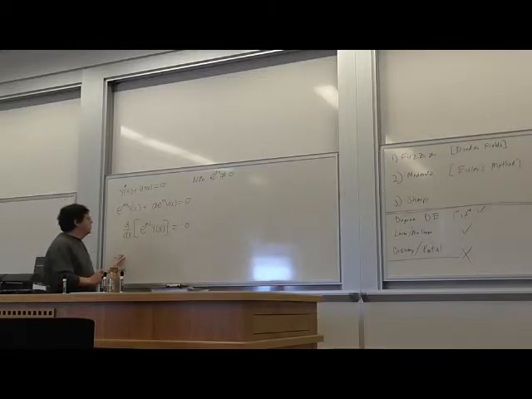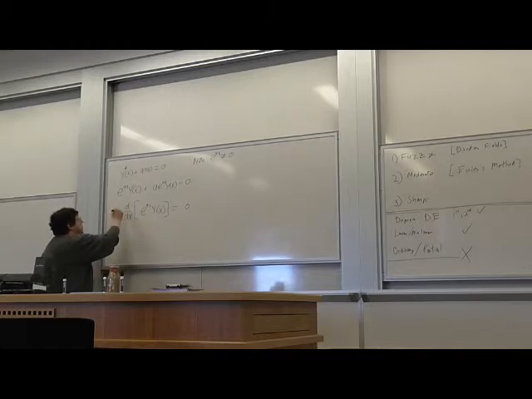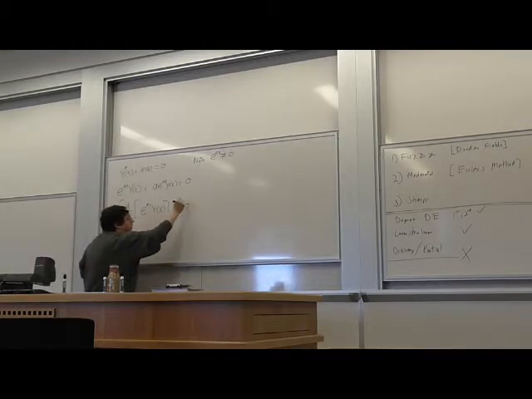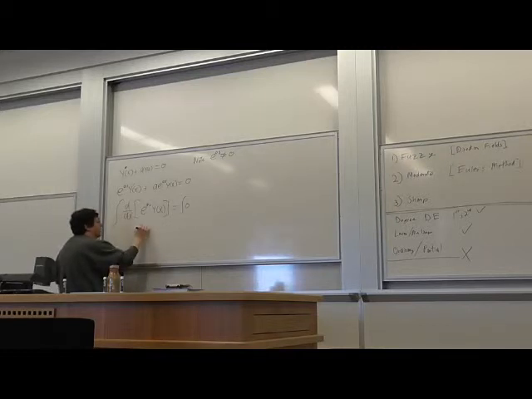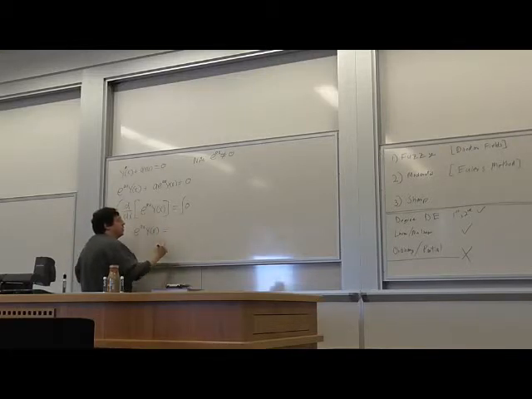So if we now integrate both sides of the equation, on this side we get e to the ax times y of x. On this side of the equation we just get some constant.